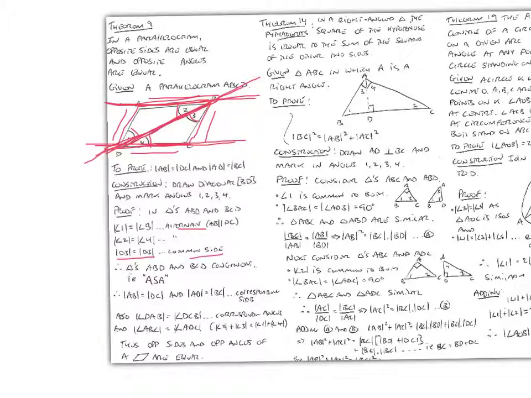So really, the triangles ABD and BCD are congruent. They're the very same, due to the fact that they have a side that's caught between the two angles that are the same. So with angle side angle in one triangle and angle side angle in the other triangle.